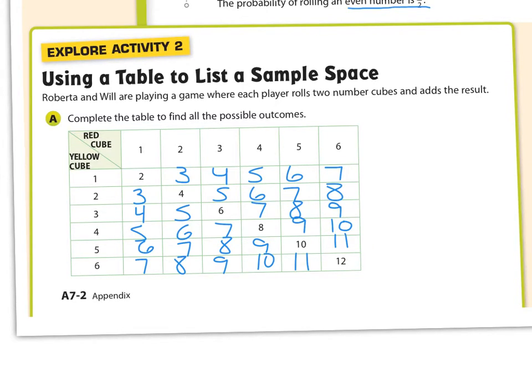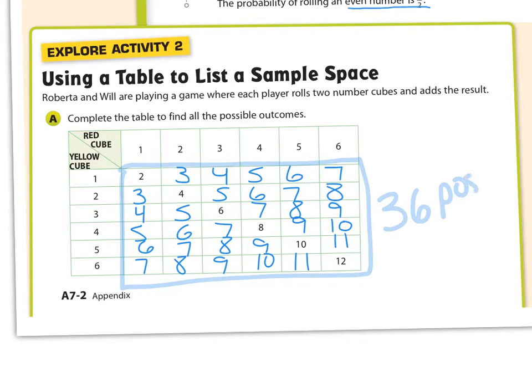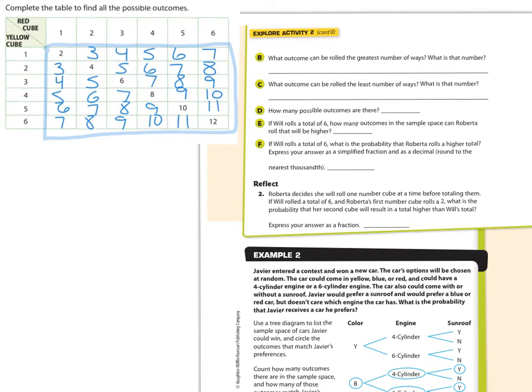Here's the table filled in so you can check. So remember, everything in this section right here are the total outcomes, and there were 36 possible outcomes that could happen. So now we're going to use the table to answer the following questions. The first one is, what outcomes can be rolled the greatest number of ways? What is that number?